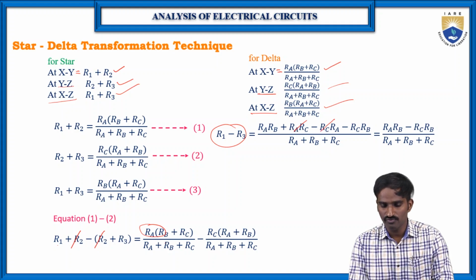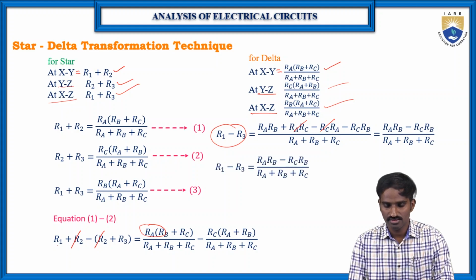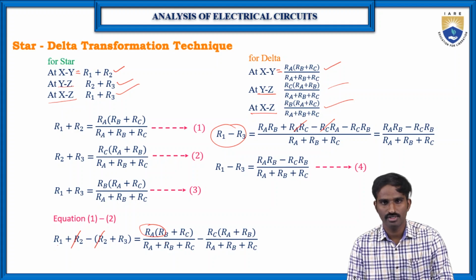Finally you will get R1 minus R3 is equal to RA RB minus RC RB by RA plus RB plus RC. Let us consider this is equation number 4.